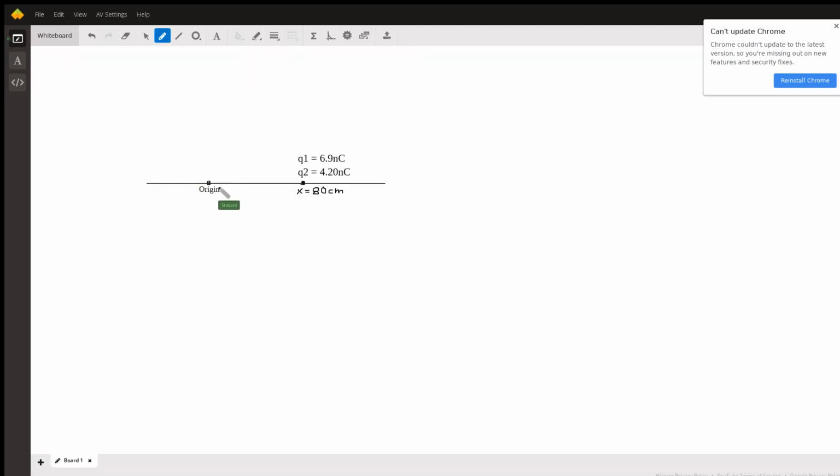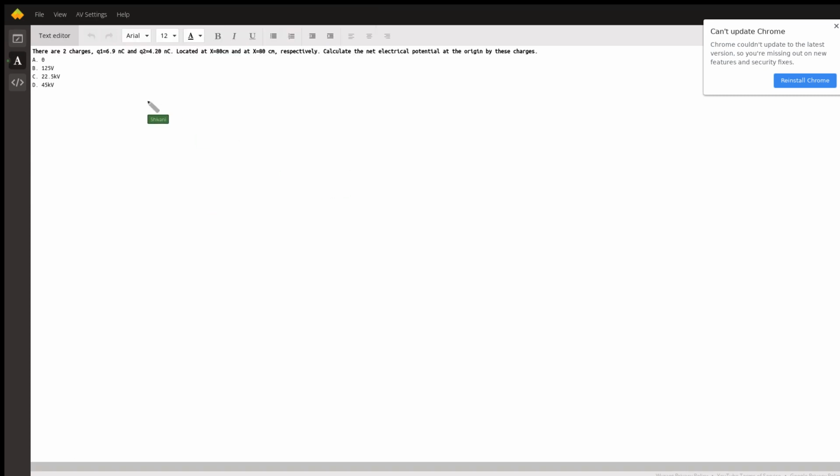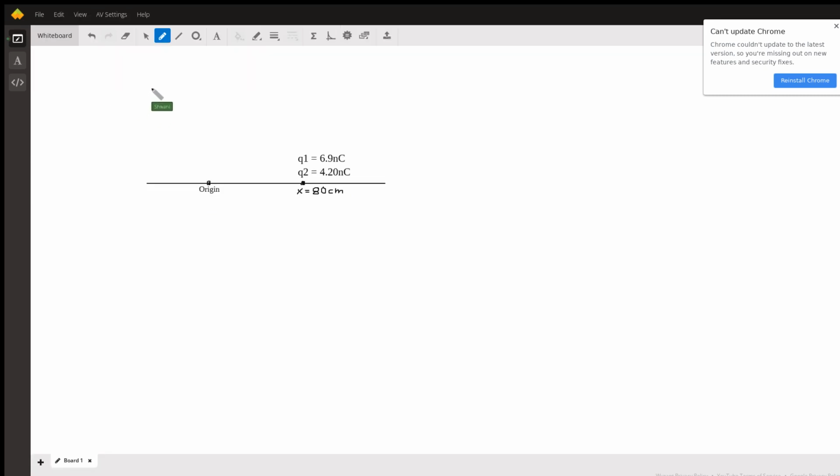So this is my setup. We have the origin, and then we have Q1 and Q2, which are both located at positive 80 centimeters. So the equation for electric potential, which I'm going to write as V equals K Q over R. So K is our constant.